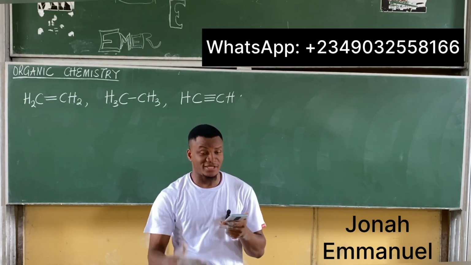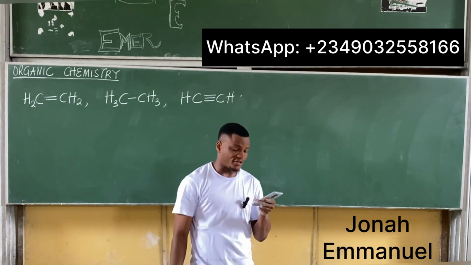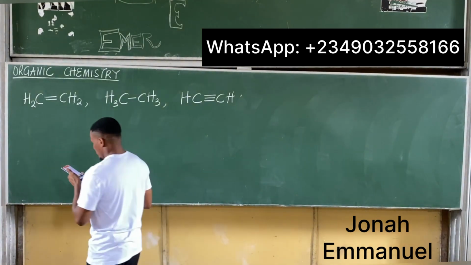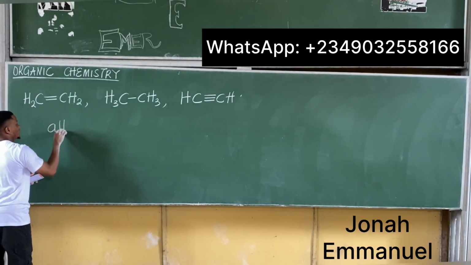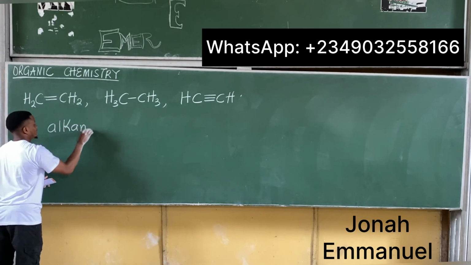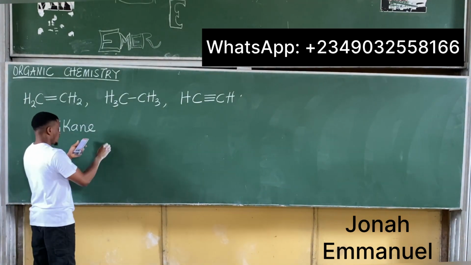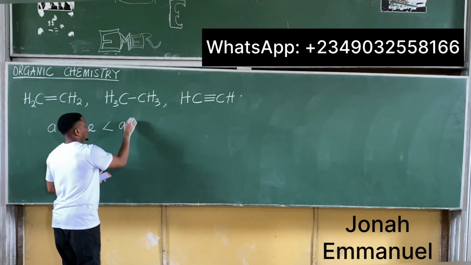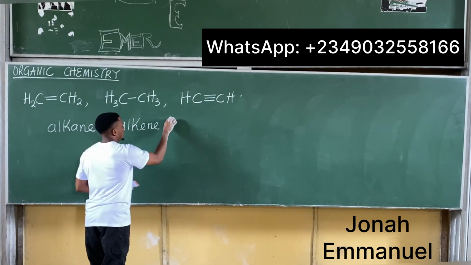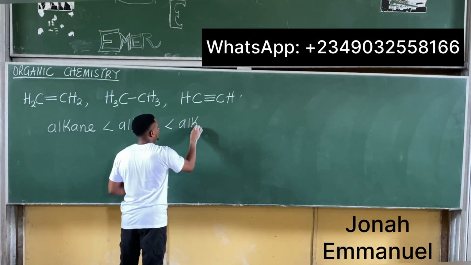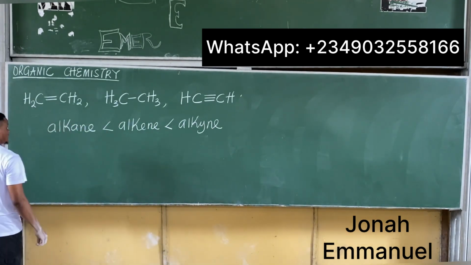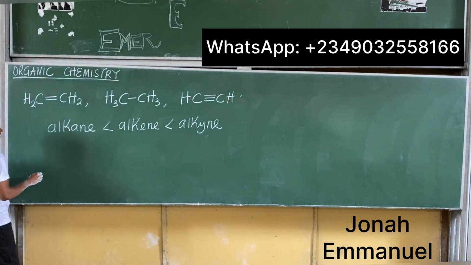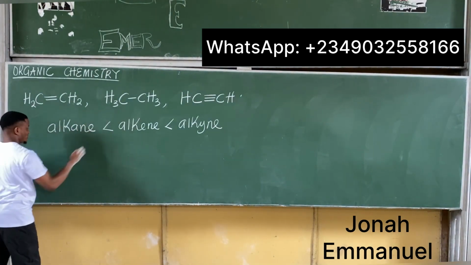So let's take this, please. In order of increasing acidity, we have the alkane first, which is single bond, H3C-CH3.